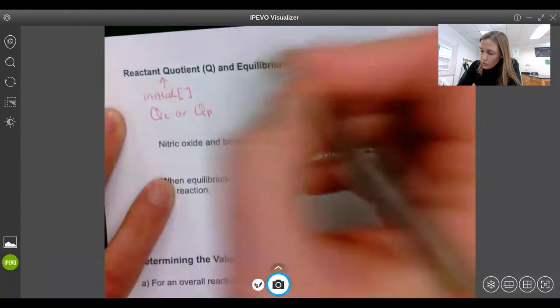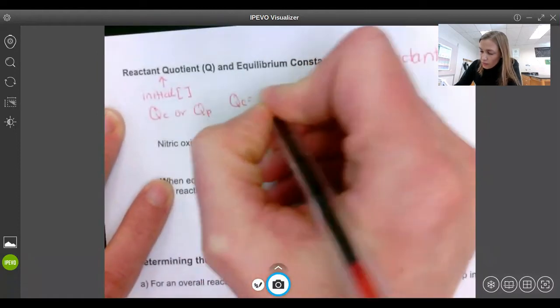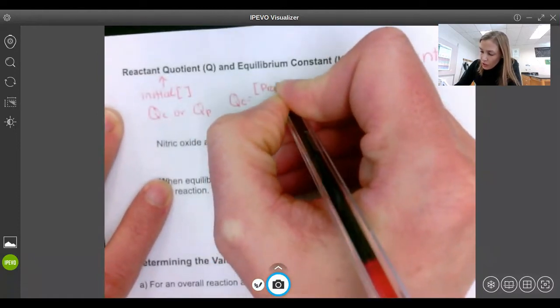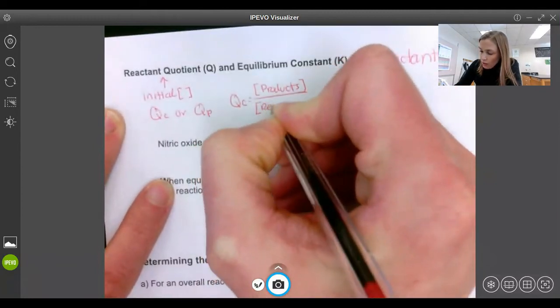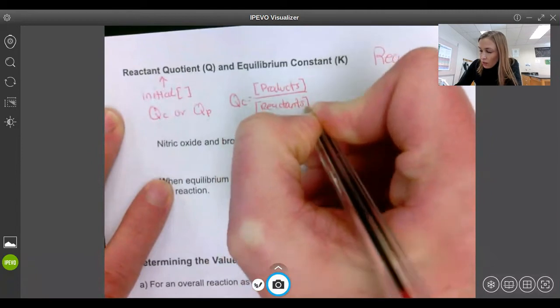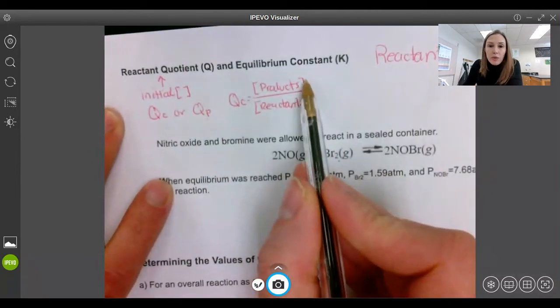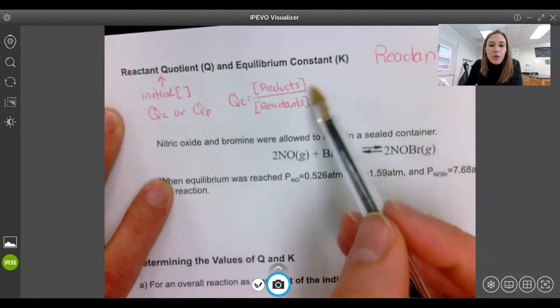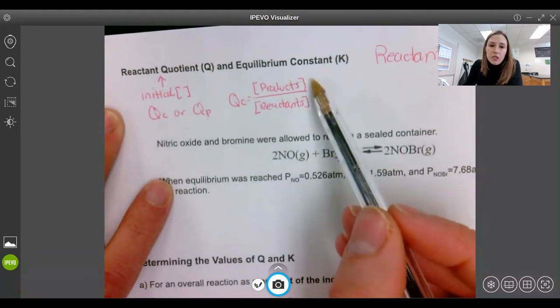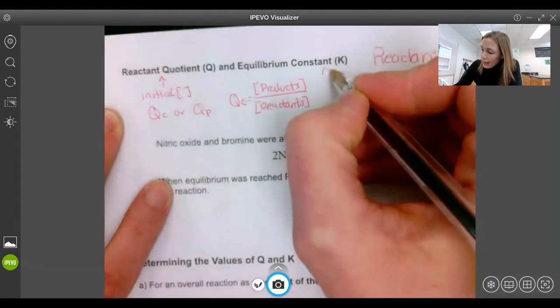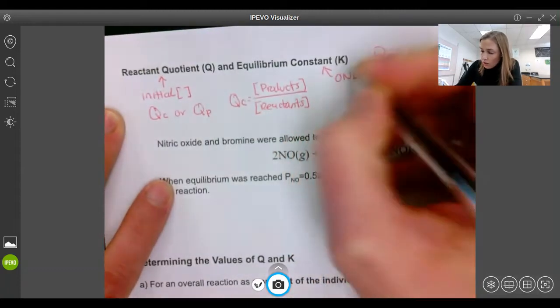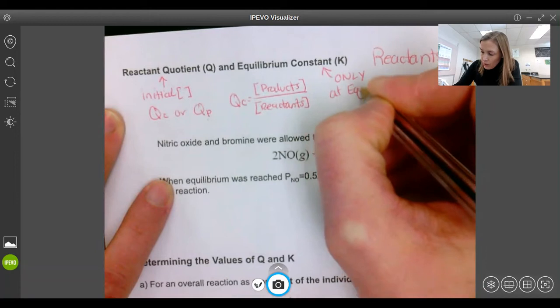The setup for that, say I use my concentrations, would be the concentrations of my products over the concentrations of my reactants. We talked in class about looking at their coefficients and raising each of the individual products or reactants to that power. For K, this is only used when we are at equilibrium.